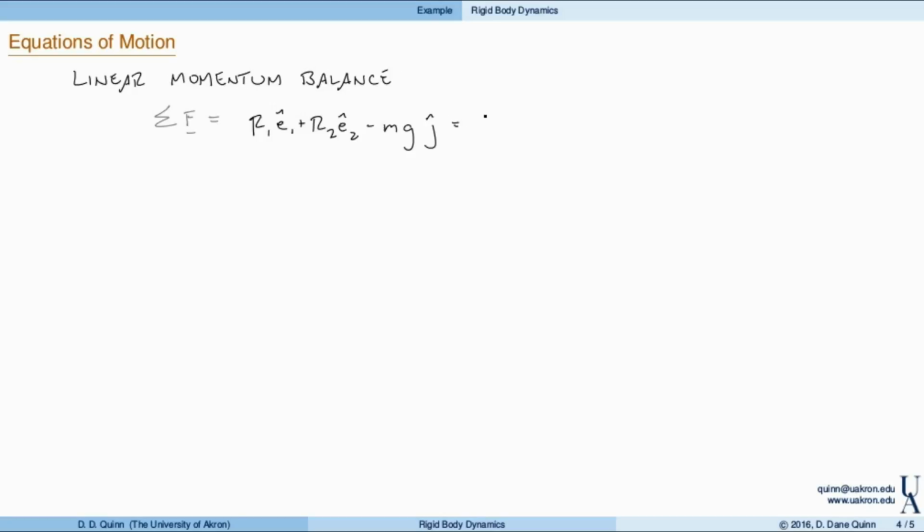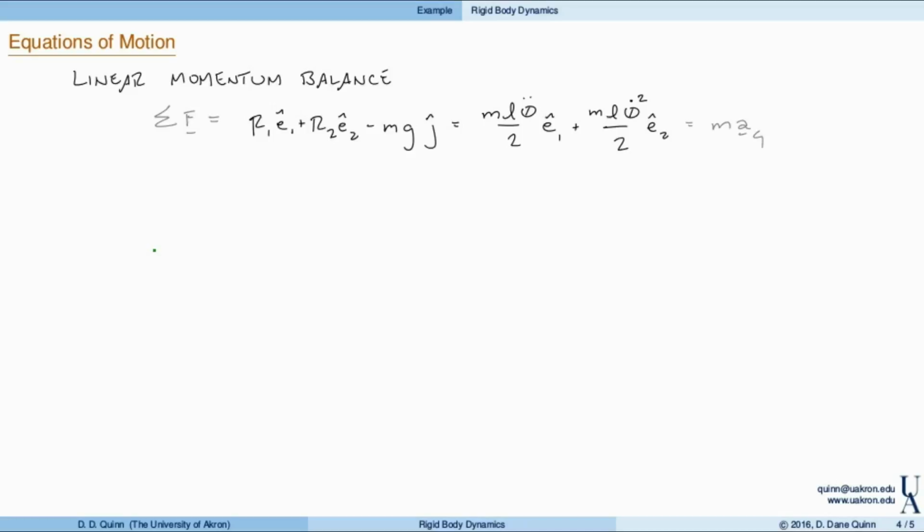And this equals the mass times acceleration. So that's ml theta double dot over 2 in the E1 direction plus ml theta dot squared over 2 in the E2 direction. Again, this right-hand side is simply the mass times the acceleration of g.